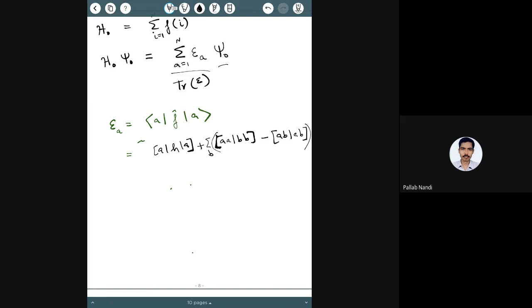Right, so this is the expression for each orbital energy.